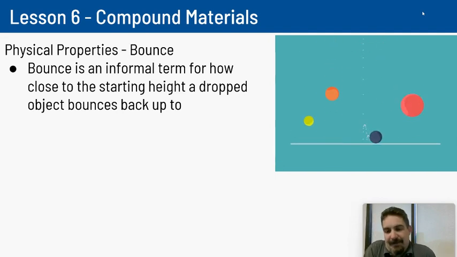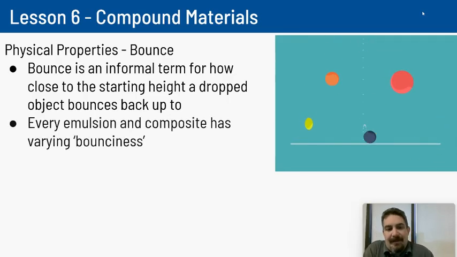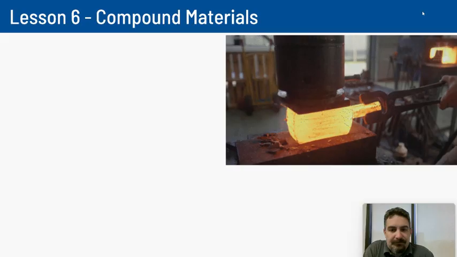It's very, very bouncy. But if you drop a textbook and it hits the table, it might bounce like this much. That's not bouncy at all. And this is not really depending on a specific emulsion or composite. They can have varying bounciness based off what they're made of.